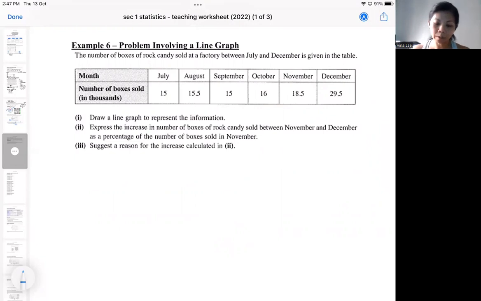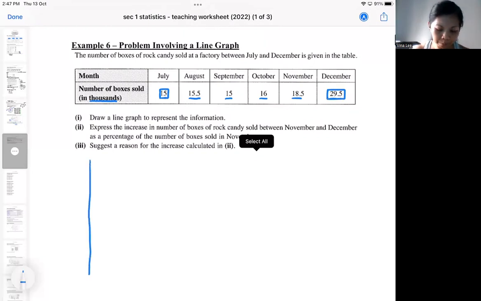When they say 15, it's actually 15,000 boxes. When you are going to draw the line graph, you got to observe which one is the smallest. You realize 15 is the smallest, 29.5 is the highest.